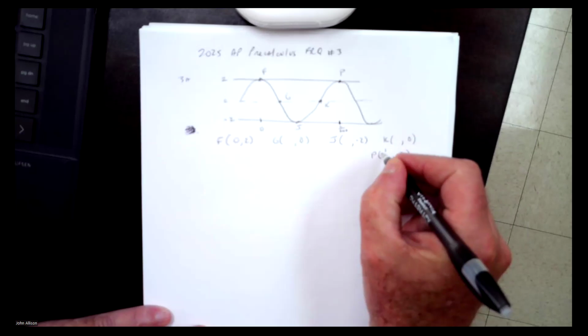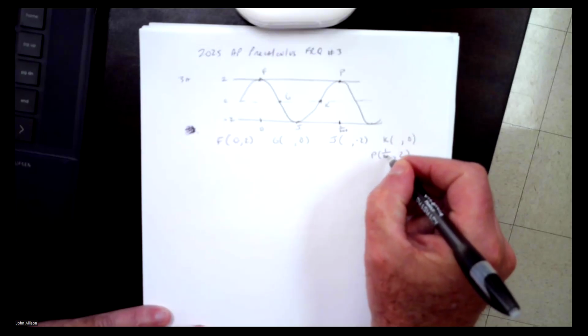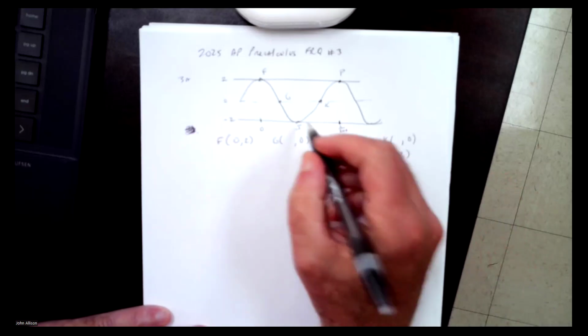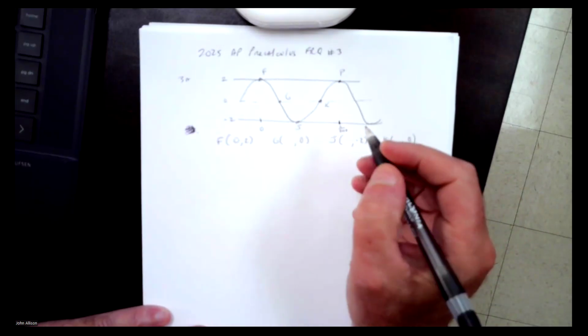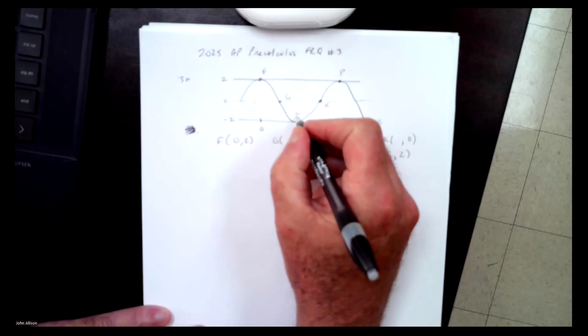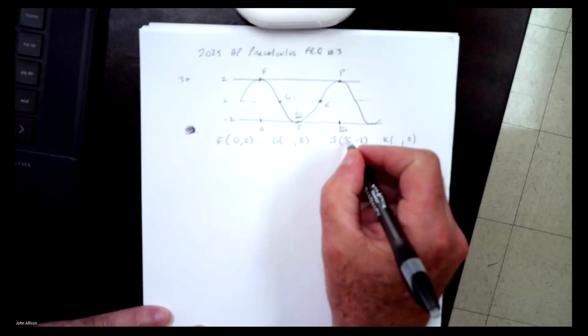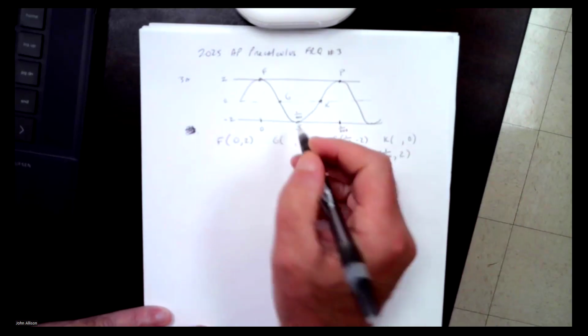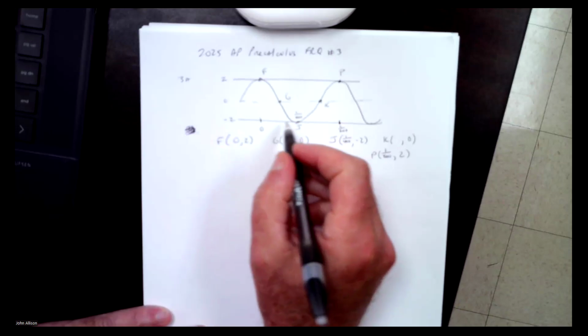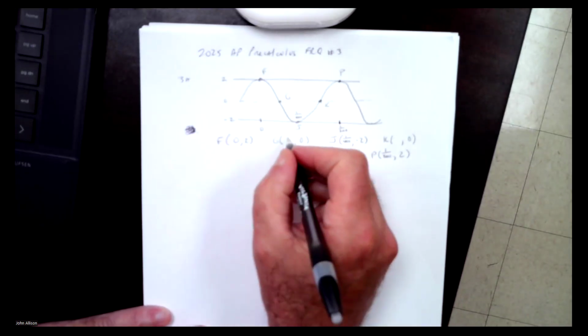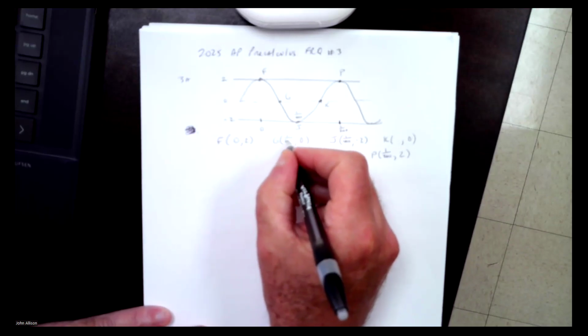So that means point P's x-coordinate is 1/200. Half of that would be the x-coordinate of point J. So that's going to be 1/400. 1/2 of 1/200 is 1/400. Halfway between 1/400 and 0 is going to be point G, so that's going to be 1/800.